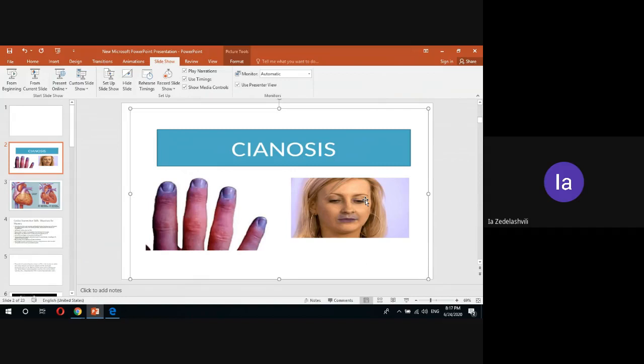If the color of the skin, especially on the face and hands, is reddish, so red, not bluish purple but red, you have to think that it can be dilatation of the blood vessels. So blood with normal distribution of oxygen is coming close to the skin, so it becomes reddish.